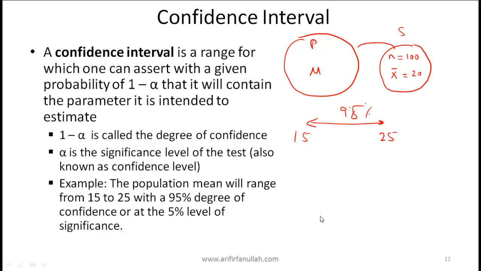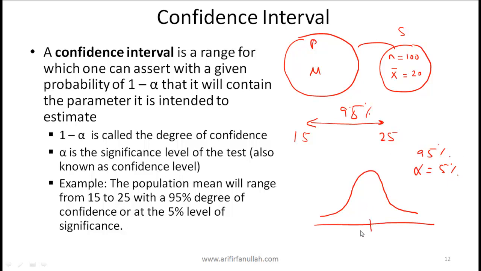If you look at the probability distribution, essentially what we mean is, the horizontal axis here is the possible values of the population mean. So if we are talking about a 95% confidence level, then alpha is 5%. So 5% is the significance level, 95% is the confidence level.